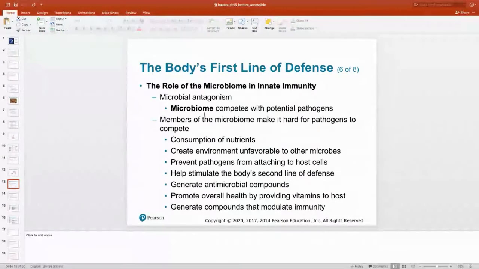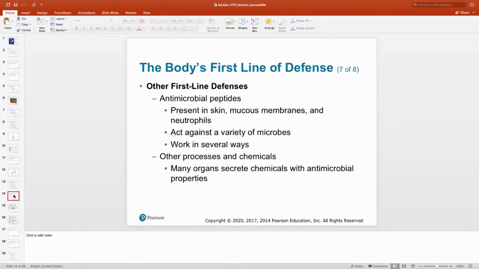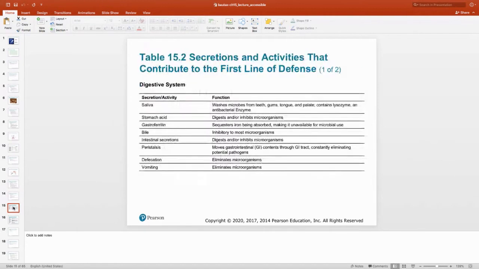But the microbiome in innate immunity will keep those pathogens at bay and reduce their numbers tremendously. There are some antimicrobial peptides in the skin, and some organs secrete antimicrobials also. So let's take a look at a table now.